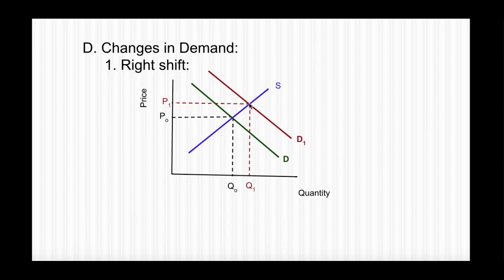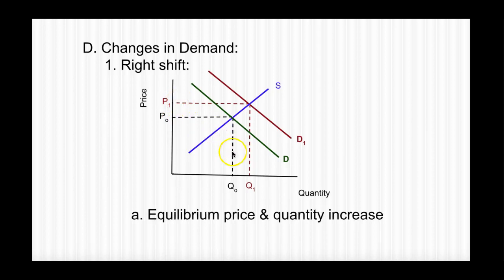So what happened to my price going from here to here? My price went up. And what happened to my quantity going from here to here? My quantity goes up. Anytime there is a right shift in demand, both price and quantity will increase. Make sure you have that drawn correctly. If you need to, pause the video here.